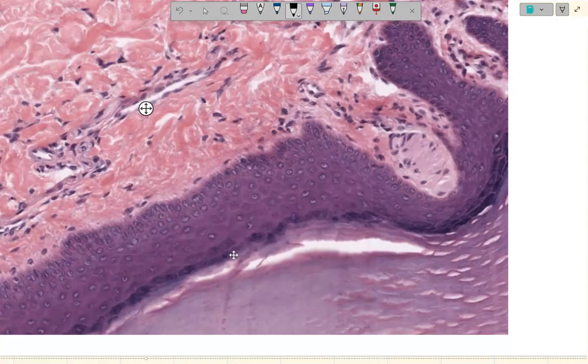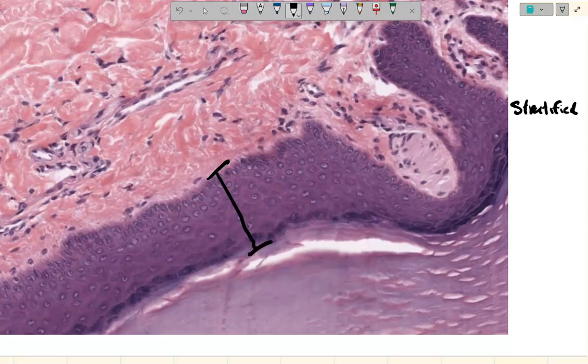So we see many layers here. So this is going to be stratified. The basement layer is going to be somewhere around here. This is going to be the basal layer of the cells of the epithelial tissue.